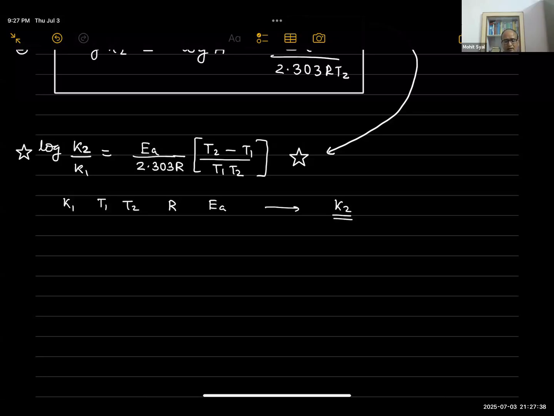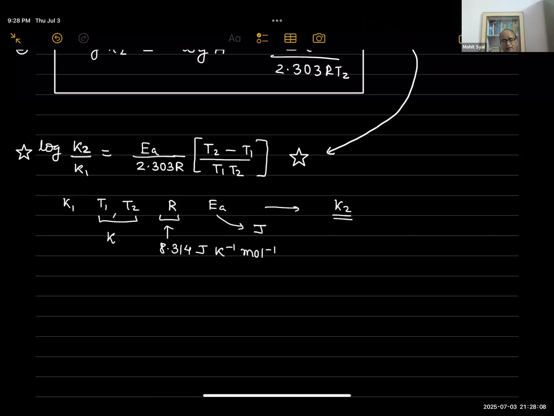T1 and T2 must be in Kelvin. R, as I told you, is 8.314 joule per Kelvin per mole. If you look at the energy Ea, it should be in joules.